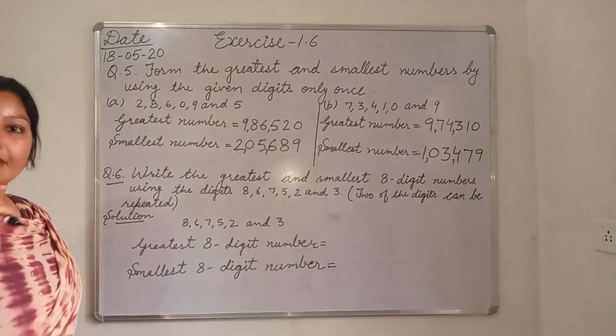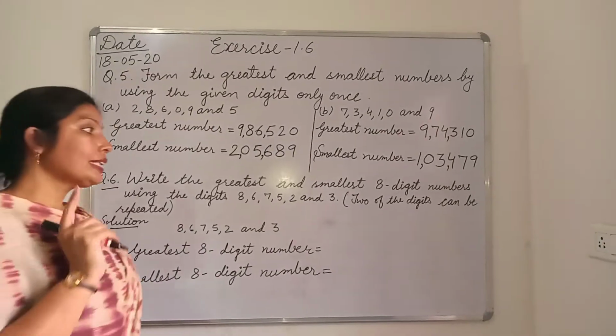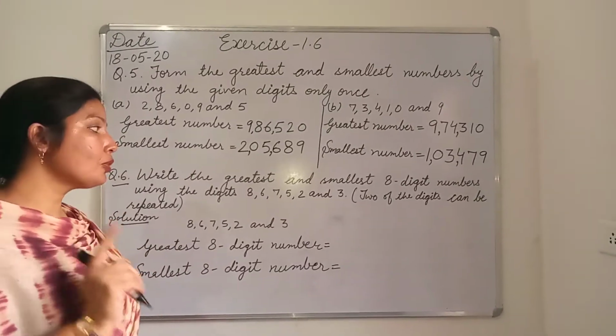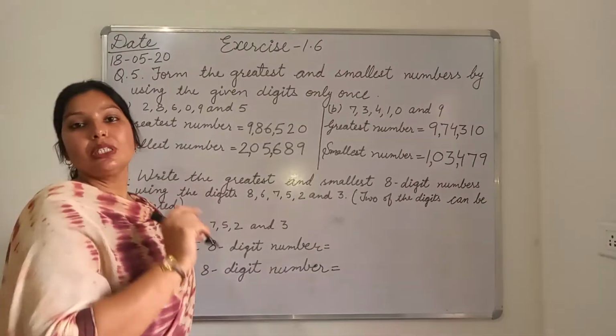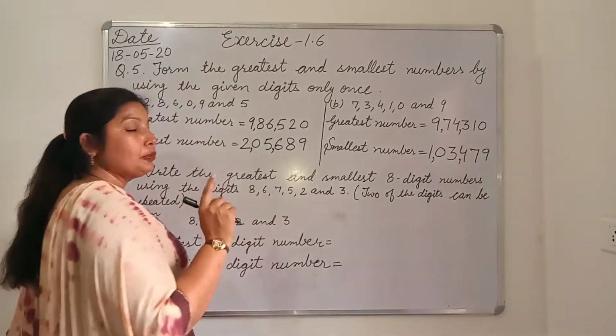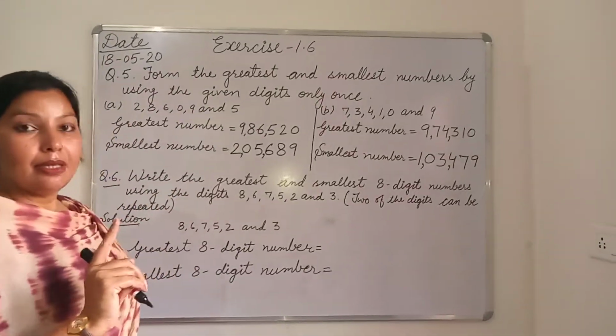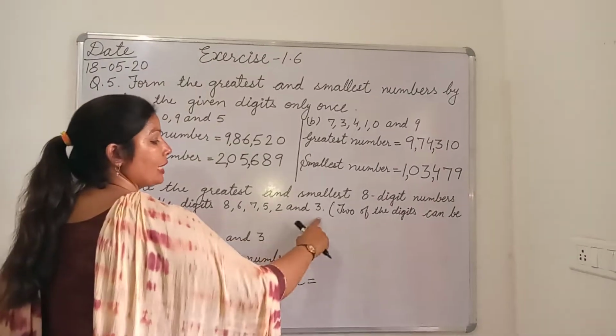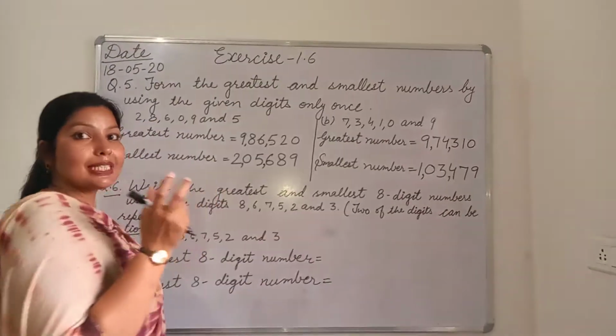Now which one do we have to repeat? For the greatest we always repeat the greatest digit. And for the smallest we always repeat the smallest digit. But if the smallest one is 0, then before 0 we write the smallest digit and then we repeat the 0. But in this question we do not have 0. So we repeat whichever is the smallest digit.